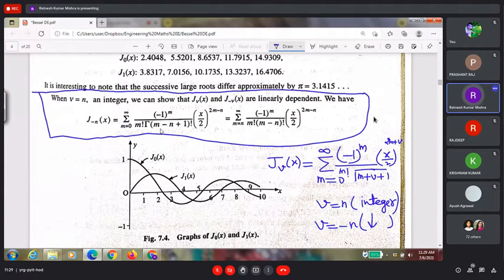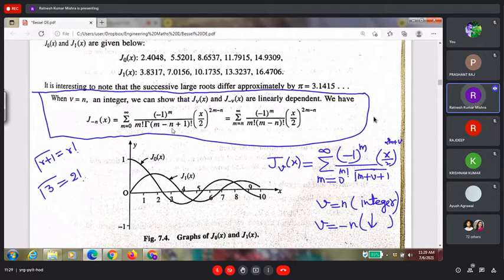But see, we know that gamma r plus 1 is what? Factorial r. लिख सकते हैं ना. Gamma 3 is what? Factorial 2. So see, gamma m minus n plus 1.